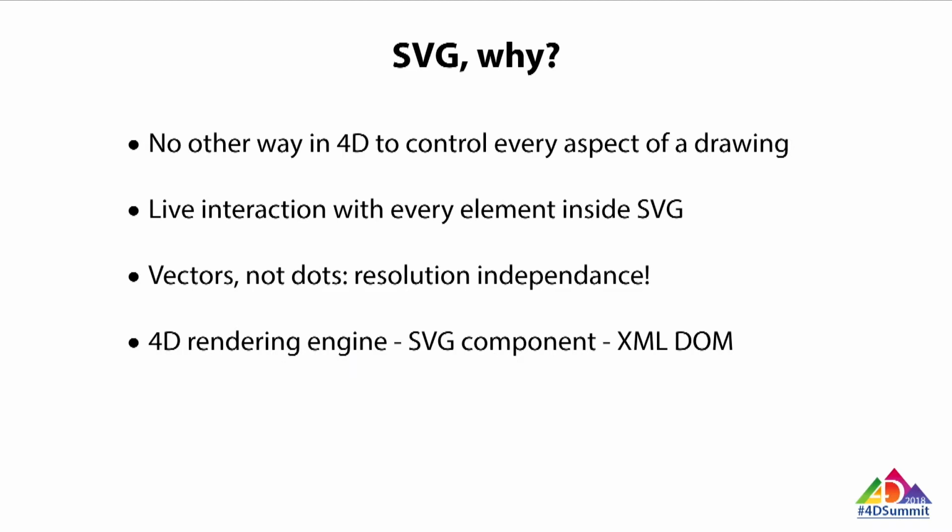They come in the form of a component, which is the SVG component, which has a lot of commands that help you draw the rectangles, draw the lines, draw basically everything you need and alter it. And there is the XML way of doing it, which is a lot more elaborate, but it allows you a bit more control.